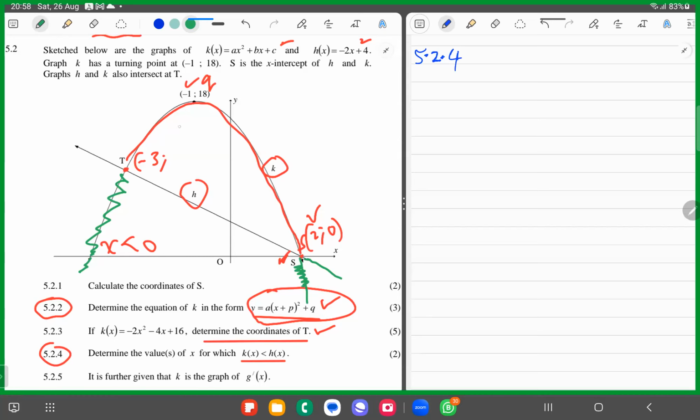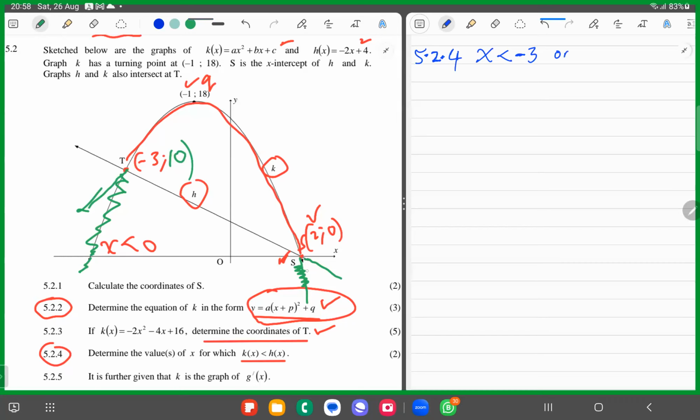The coordinates we have seen already are -3 and 10, so that we know for sure. Which means that when x is less than -3, we can see that the parabola is below the straight line.